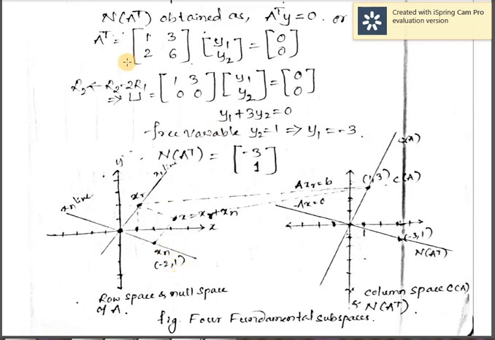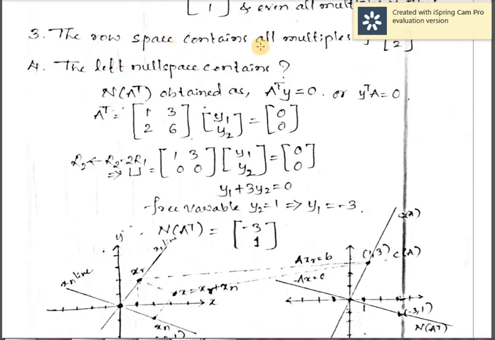So the row space is 1, 2. Let's represent 1 and 2. This is our point 1, 2, and it represents the row space, denoted by xr. We'll draw a line joining the origin and this xr.